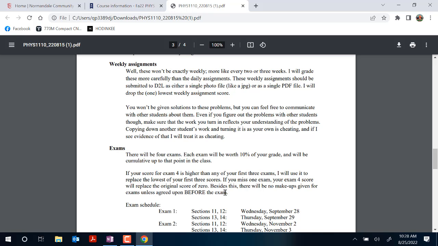Just like the daily assignments, you're going to turn those in on D2L. So in both of these cases, when you're done with it, take a picture of it and submit that, or scan it and submit a PDF or whatever. And I'll always put folders on D2L for you to put that stuff in.